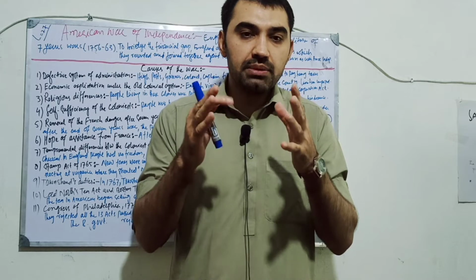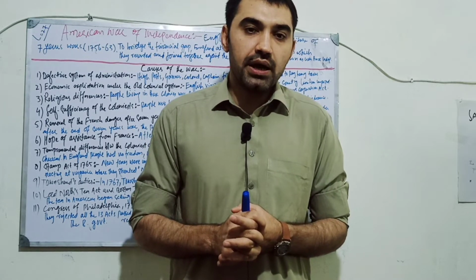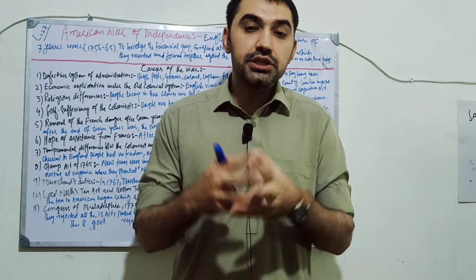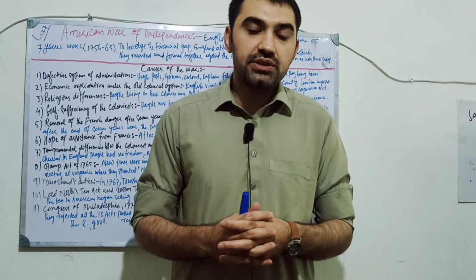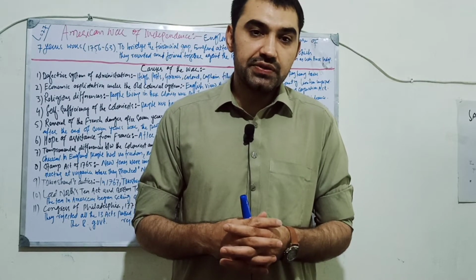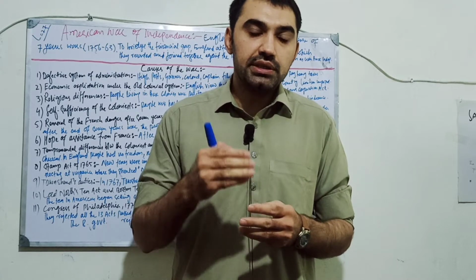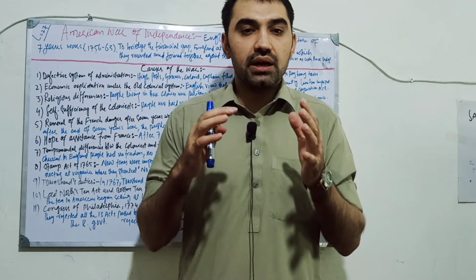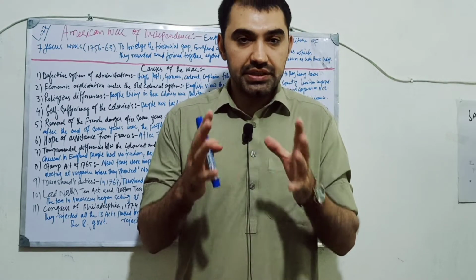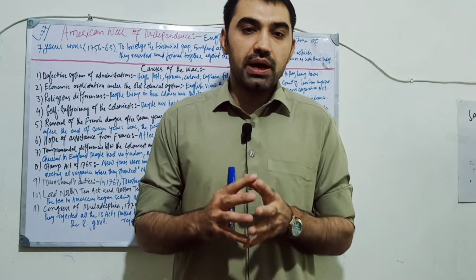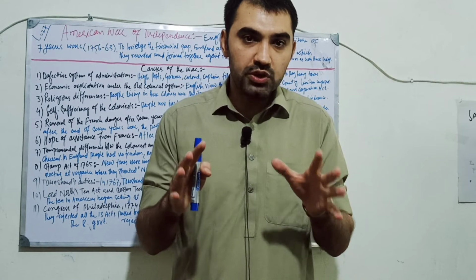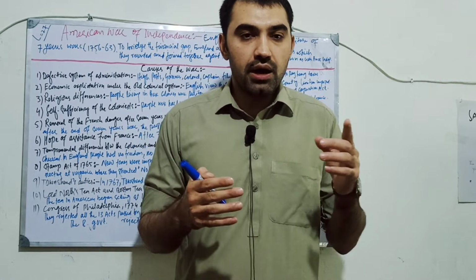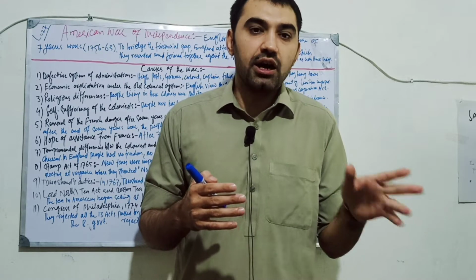And that 7 Years' War at last ended as a result of a treaty which is known as the Treaty of Versailles. We will also talk about this Treaty of Versailles in the next lecture, and the clauses and provisions of that treaty. But simply to tell you about the 7 Years' War, it was fought between European nations, like England on one side, and Prussia, France, or Poland on the other.